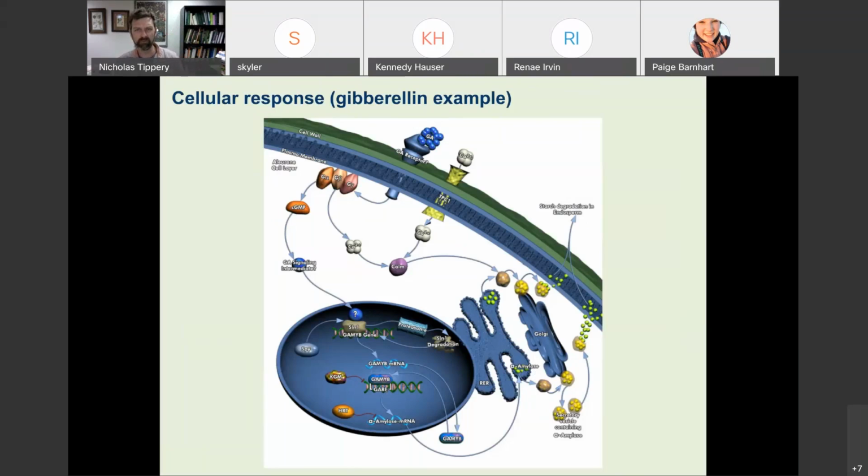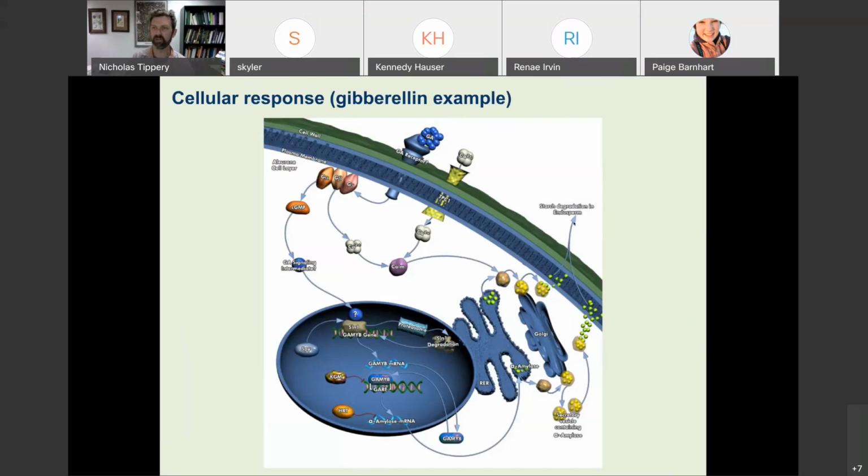If you remember, way back when we did seed germination, some of the seeds we tried to germinate didn't germinate many successfully, but we tried adding this gibberellic acid, which is involved in causing seed germination.